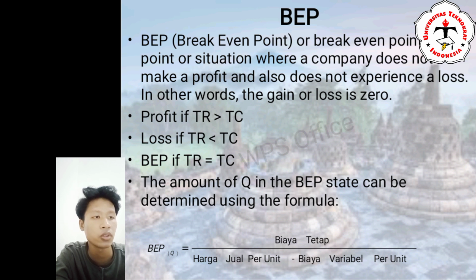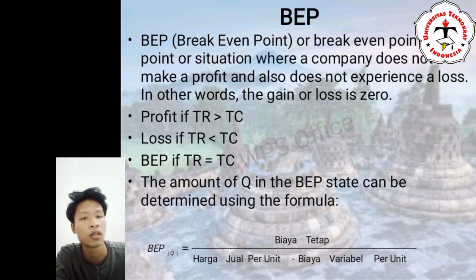The amount of Q at the BEP can be determined using the formula: BEP Q equals fixed cost divided by the selling price per unit minus the variable cost per unit.